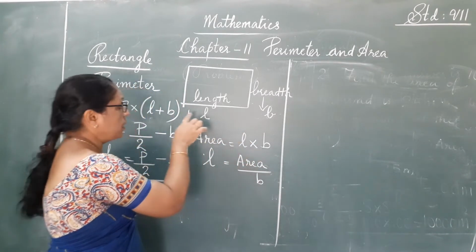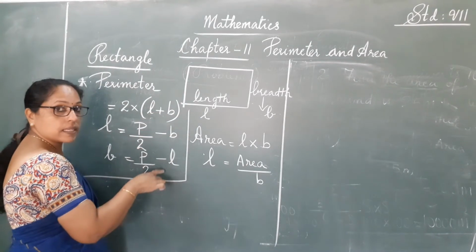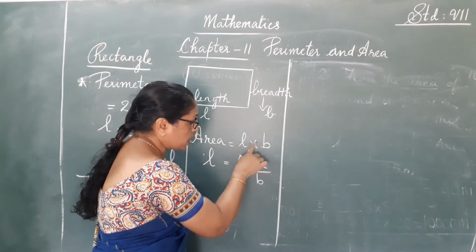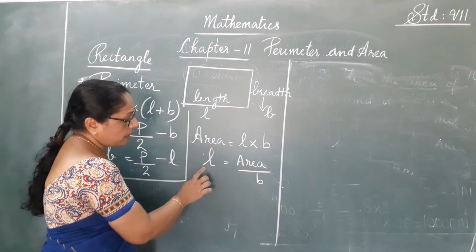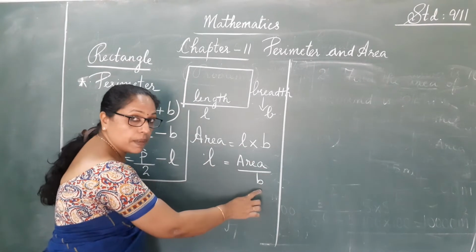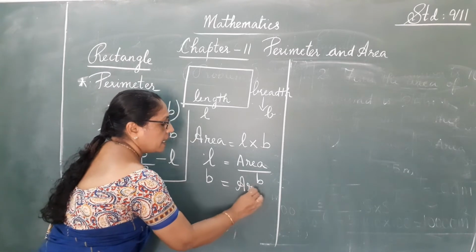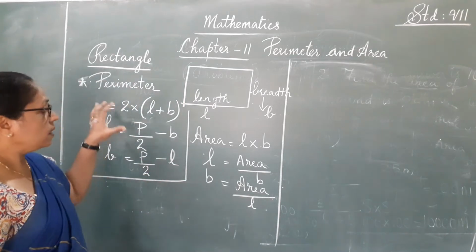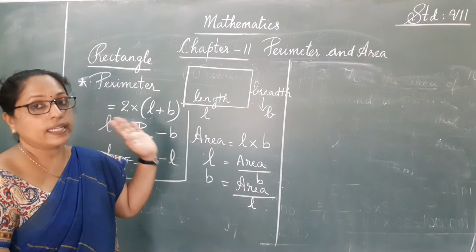Here the operation connected with length is multiplication, and multiplication's opposite operation is division. So length is area divided by B. How do you find breadth? Yes, area divided by length. So these are the main formulas connected to perimeter and area of a rectangle.